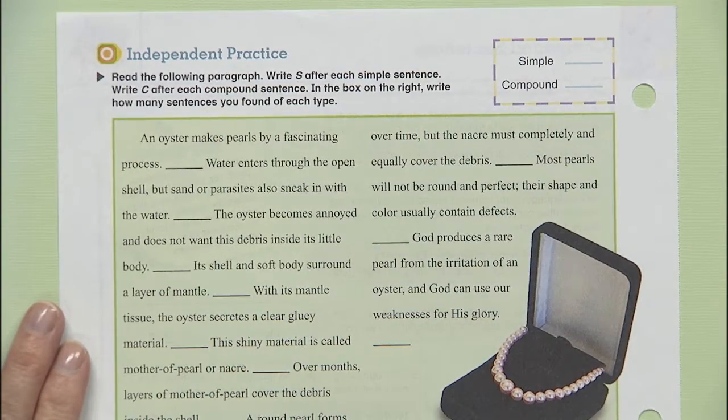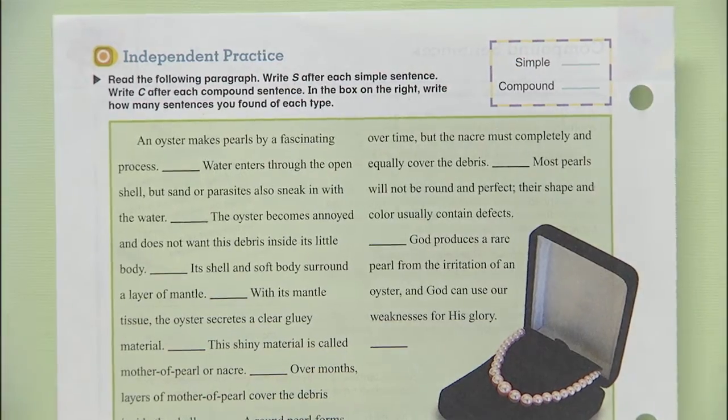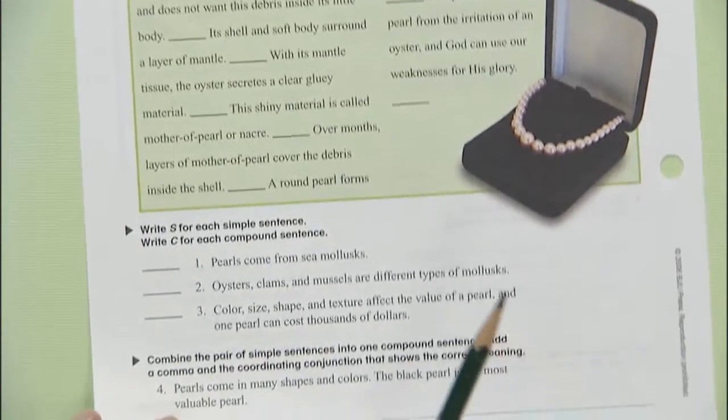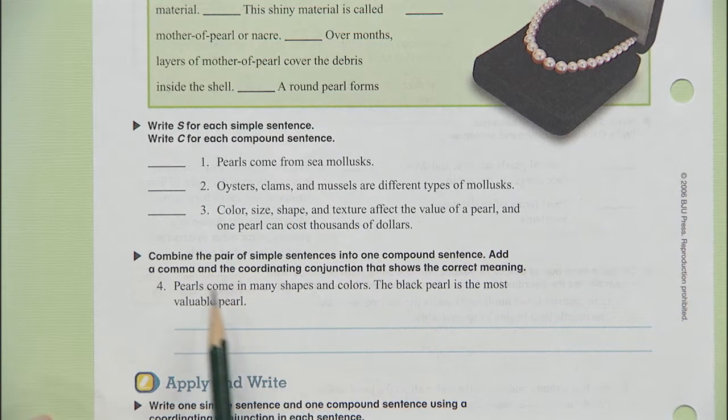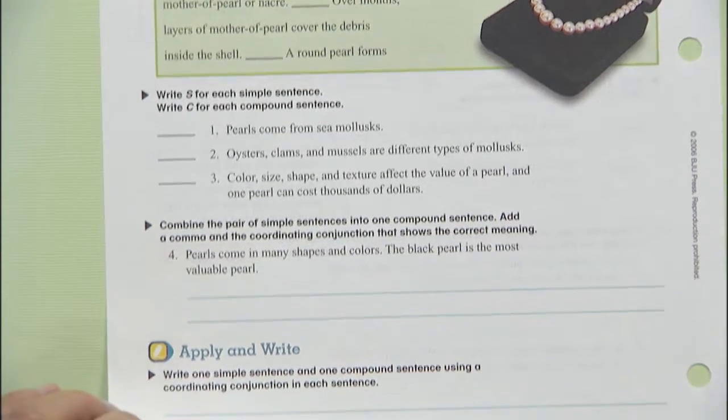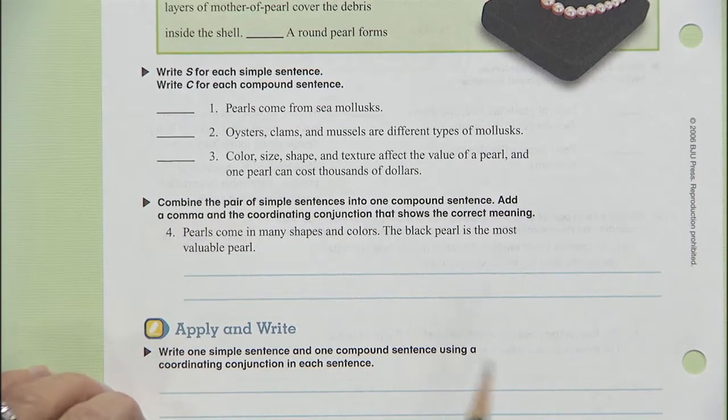So make sure that you count correctly when you do that. And you're going to be identifying simple and compound sentences again here, and combining sentences like you did in the guided practice part. And you've got a brief apply and write section there. Well, this hasn't been too difficult, and I hope that you've enjoyed it. We're done for today, and we'll see you in the next lesson.